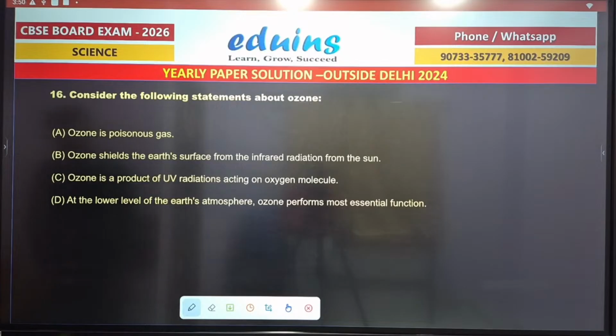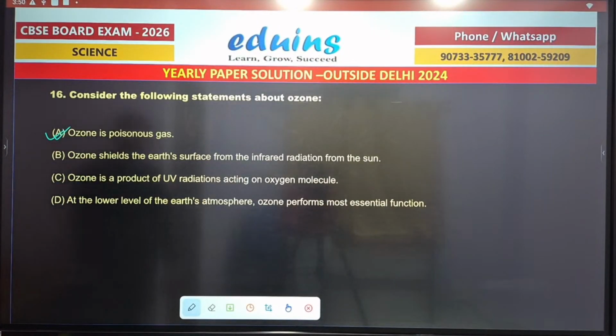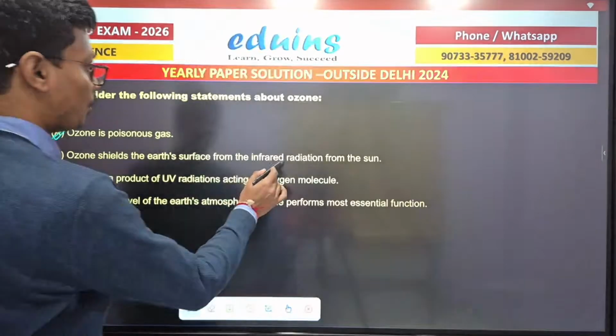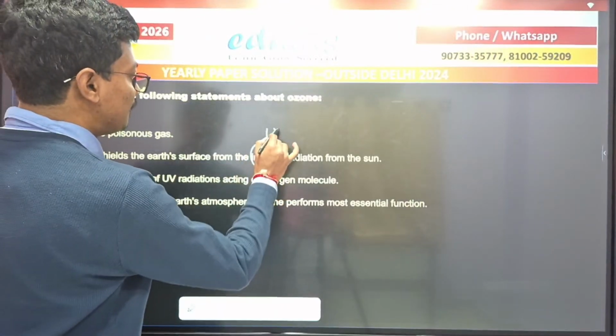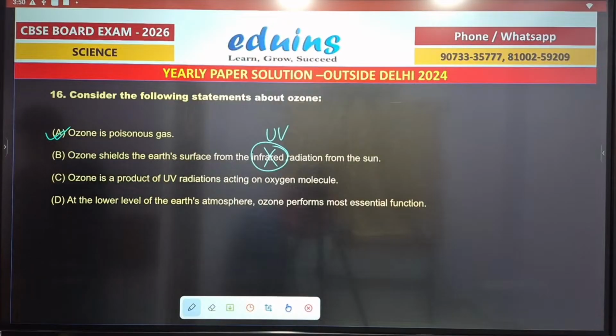Ozone is a poisonous gas. This is true, of course. Option B, ozone shields Earth's surface from the infrared radiation. No, not infrared. Ultraviolet, UV radiation, not infrared radiation.